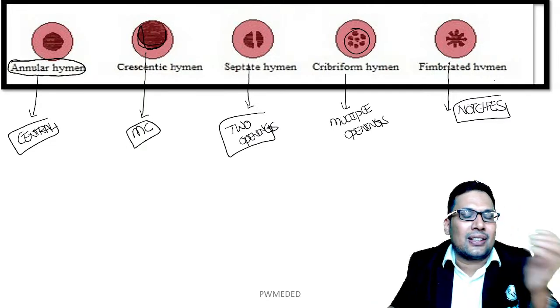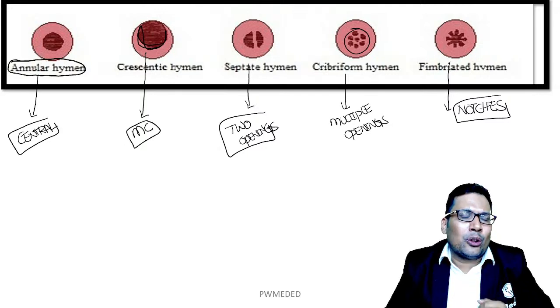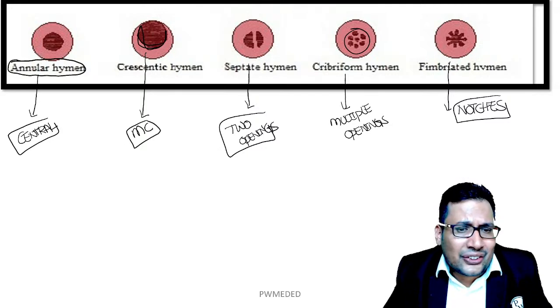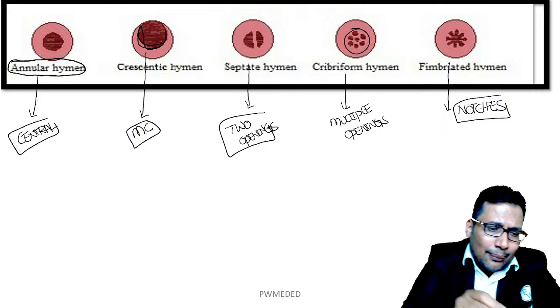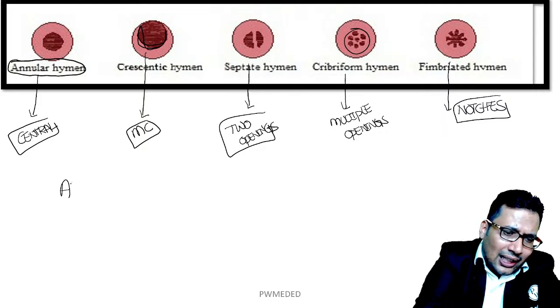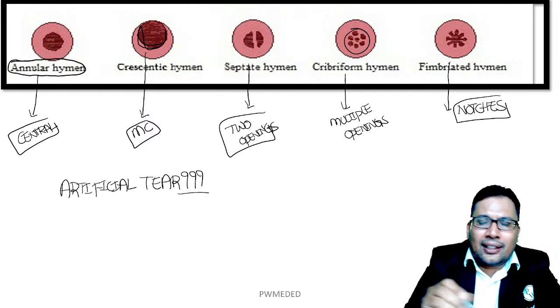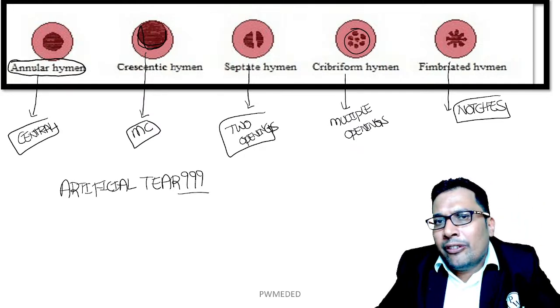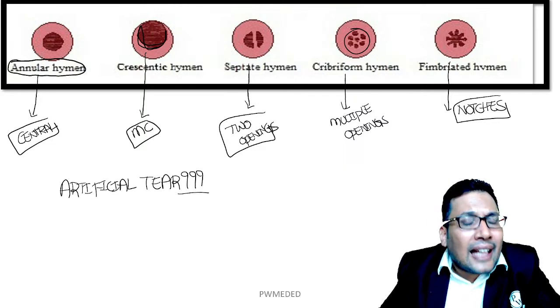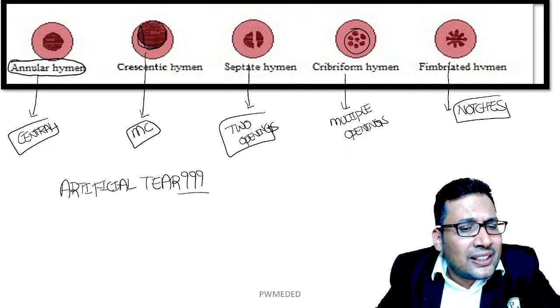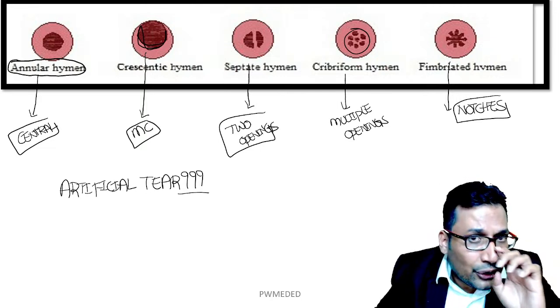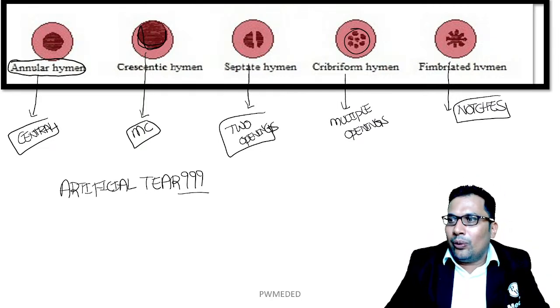So this can be asked in the exam. The question asked in the exam: the hymen resembling an artificial tail, or hymen mistaken for a tail. What is the answer for this question? Anyone, can you guess? The type of hymen confused or mistaken as a tail, that is known as artificial tail. What is the answer for that question?